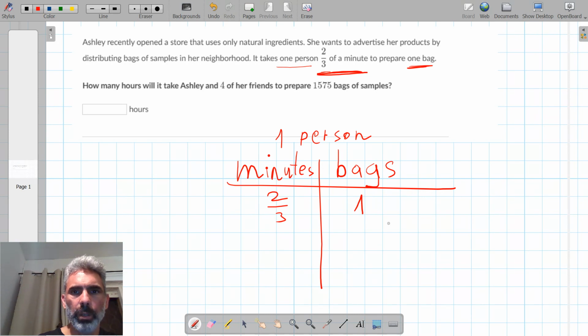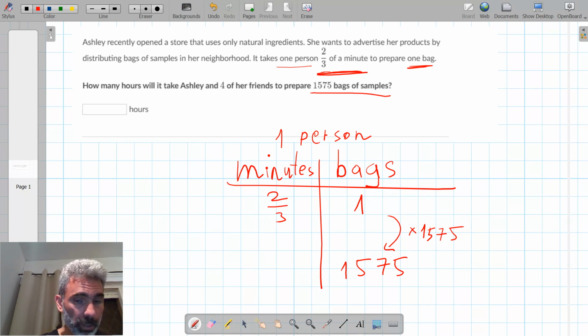Okay, so we need to make a total of 1,575 bags. So to go from 1 to 1,575 bags, we need to multiply 1 times 1,575. So to know how many minutes we need to make this amount of bags, we need also to multiply 2/3 of a minute times 1,575.